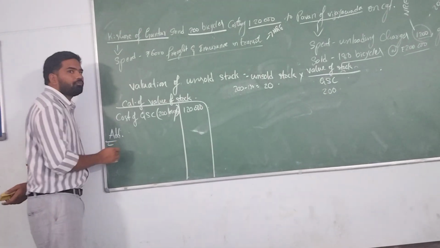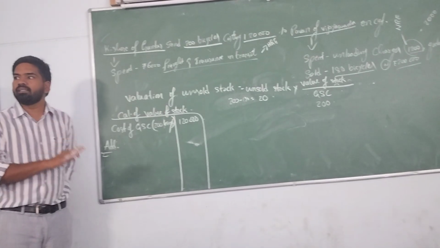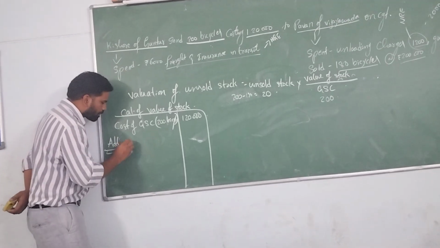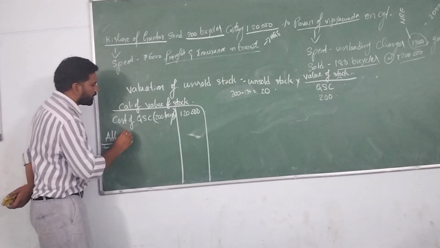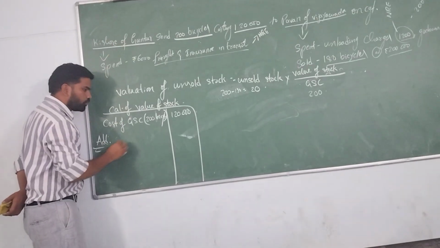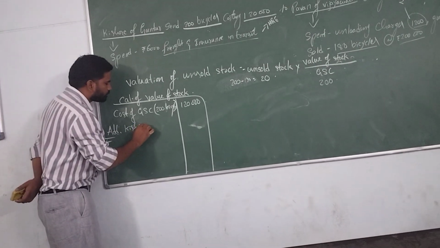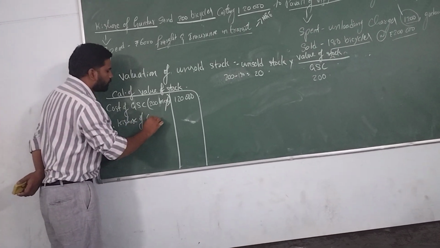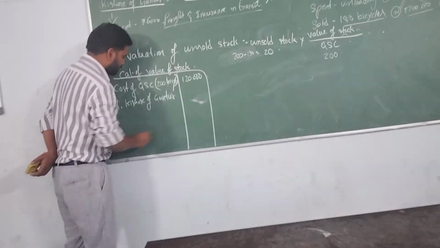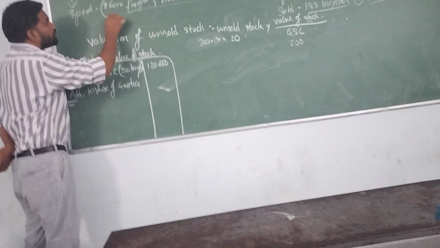And what we have to add here? Consignor non-recurring expenses and consignee non-recurring expenses only. Who is the consignor? Kishore of Guntur. How much has he spent totally? 6,000 rupees.